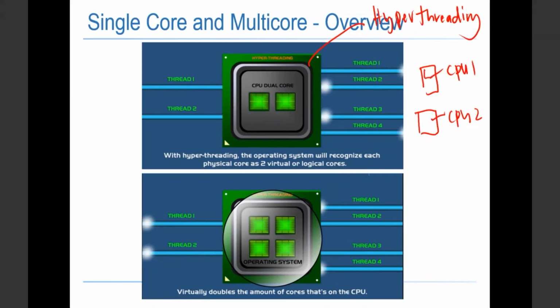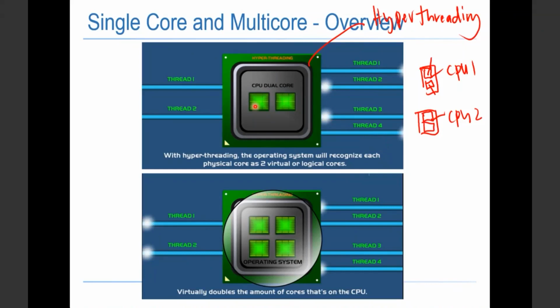Even though we have 1 physical CPU, the system recognizes we have 2 cores inside here. Same with this one, the system recognizes it as 2 virtual cores. So basically, hyper-threading virtually doubles the number of cores on the CPU.